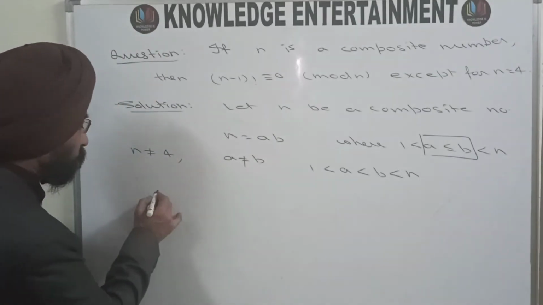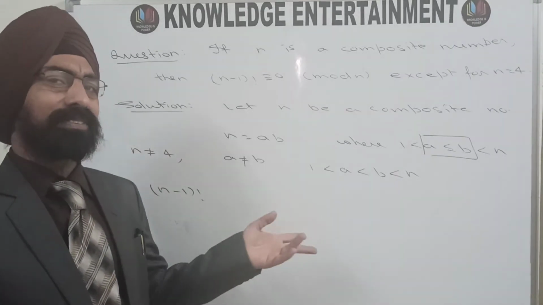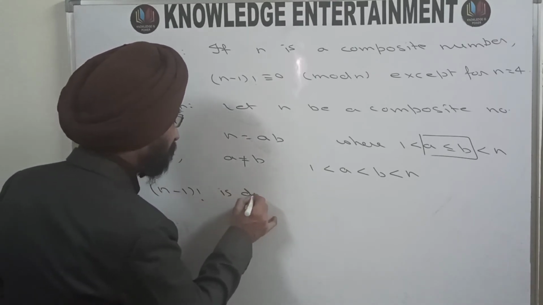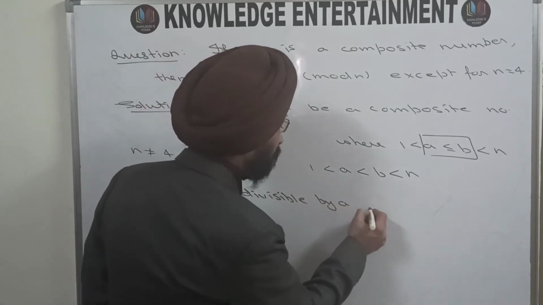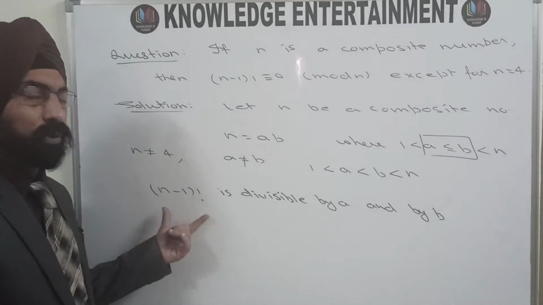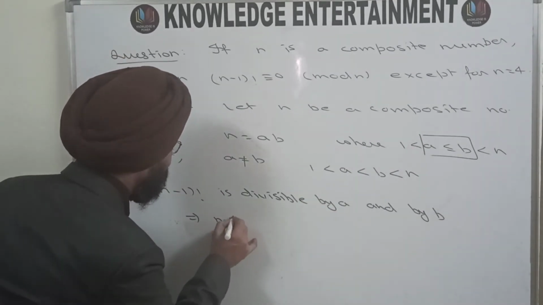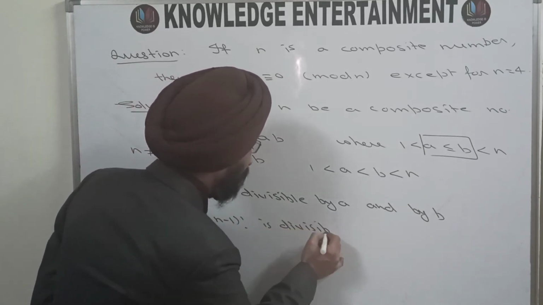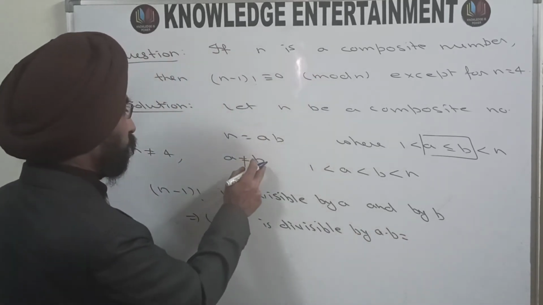So once again, your (n minus 1) factorial will have a factor A as well as a factor B. So you can say (n minus 1) factorial is divisible by A and is divisible by B. If it is divisible by A as well as by B, you can say (n minus 1) factorial is divisible by their product A into B, but A into B is now your n.